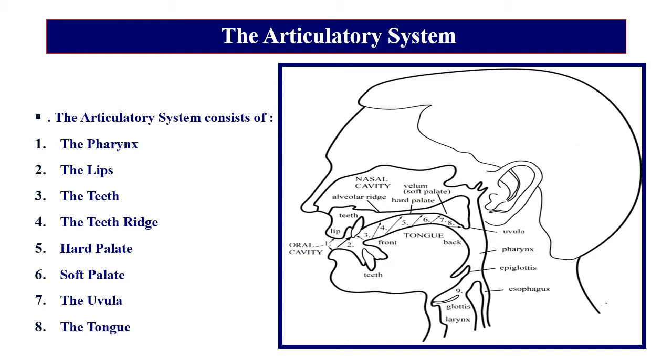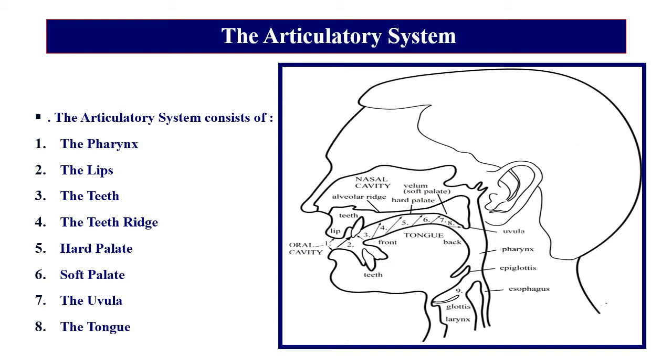And each modification affects the quality of the sound produced. These articulators, which are situated above the larynx, together form the articulatory system, and they are these 8 which are displayed on your screen. We'll talk about all these articulators in detail now.